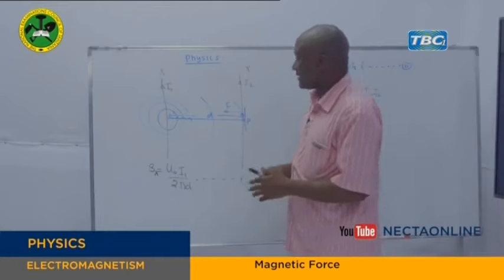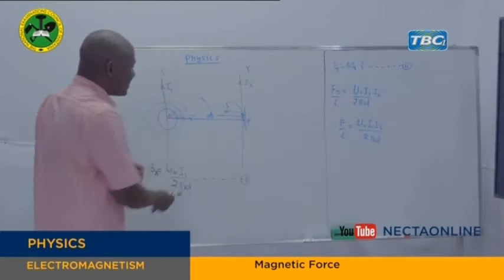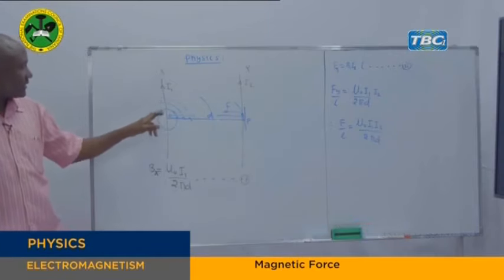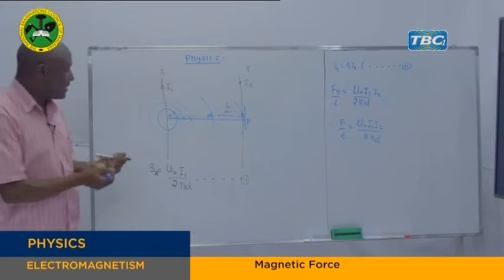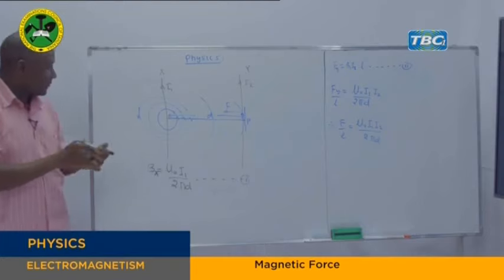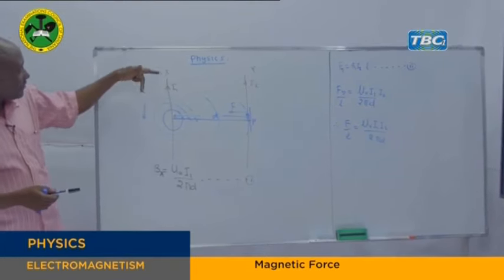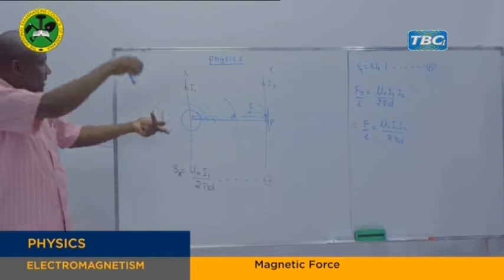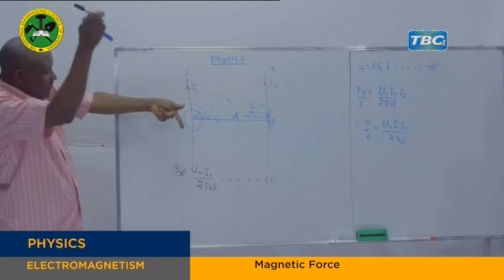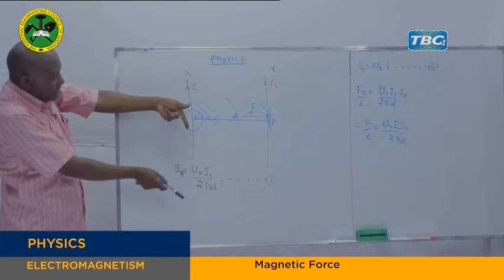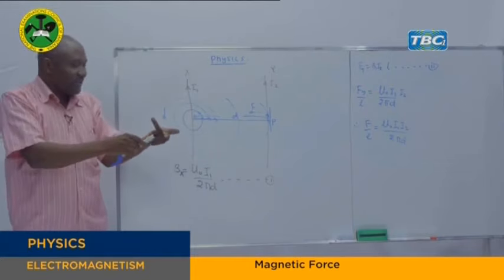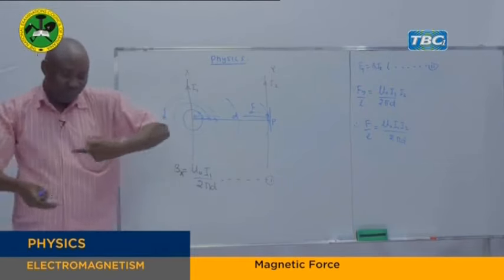If we change the orientation, assuming that the magnetic flux density produced by wire Y will be found on this side, the magnetic flux will be pointing down. The current is going up, and the magnetic field is coming out.